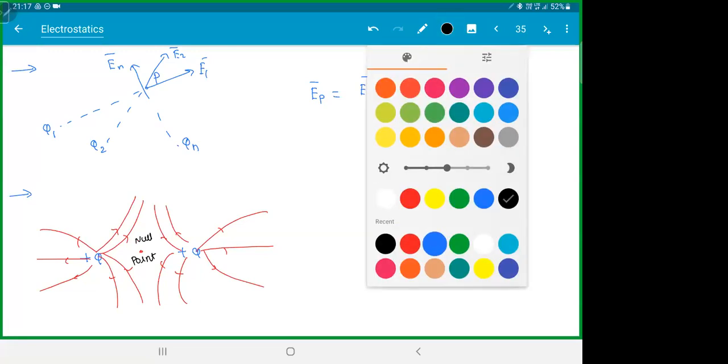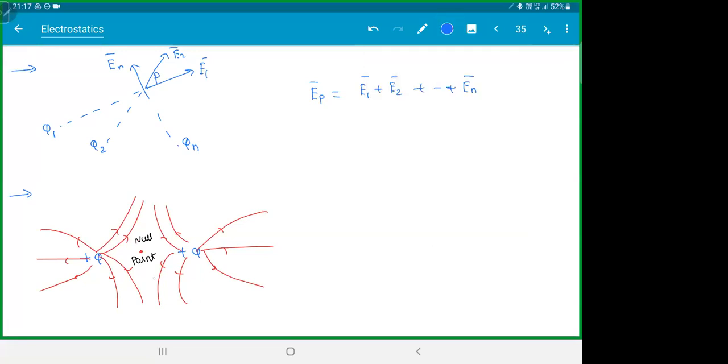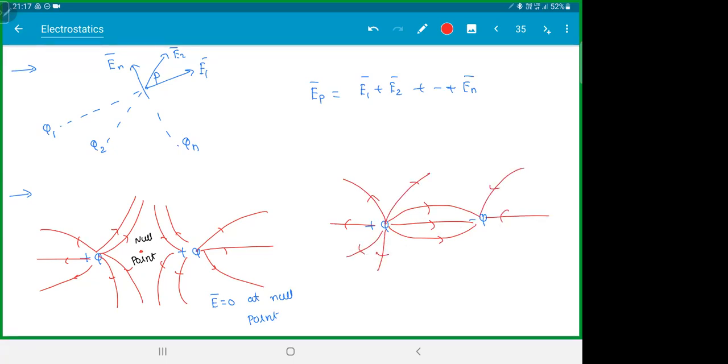Null point means the field is 0. If you have a plus Q and a minus Q charge, then this is how the field lines will look. Later on, we will draw many different varieties of field lines. Have a look at this.